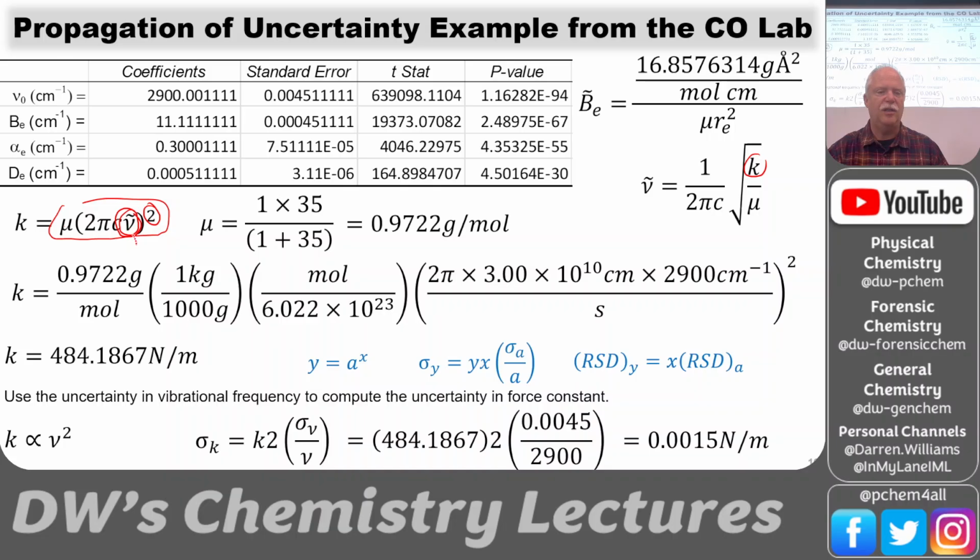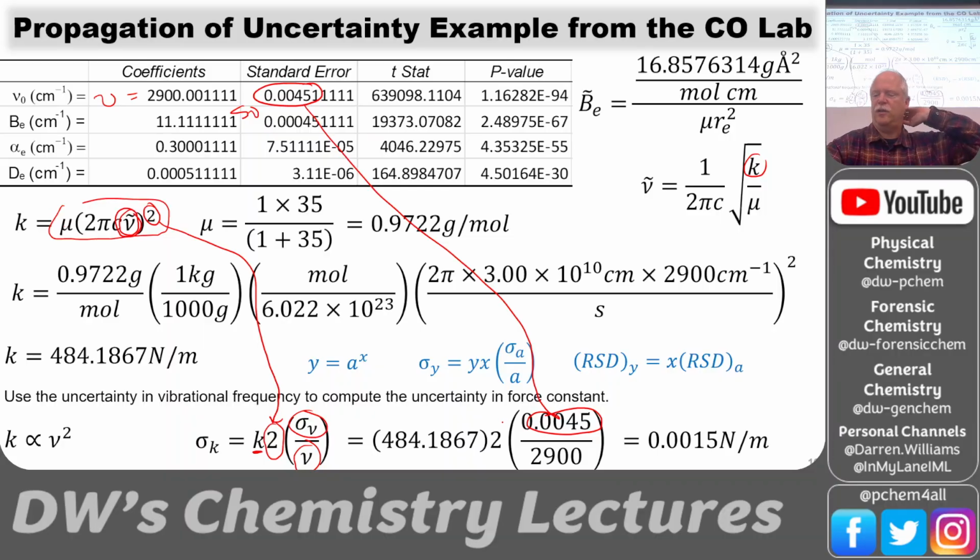The uncertainty in that is going to be K times that square, that's the 2 right here, times the RSD in my vibrational frequency. This RSD in my vibrational frequency, this is S nu, and this is nu. So that's where those two numbers came from. That's how you do the propagation of uncertainty for the force constant.